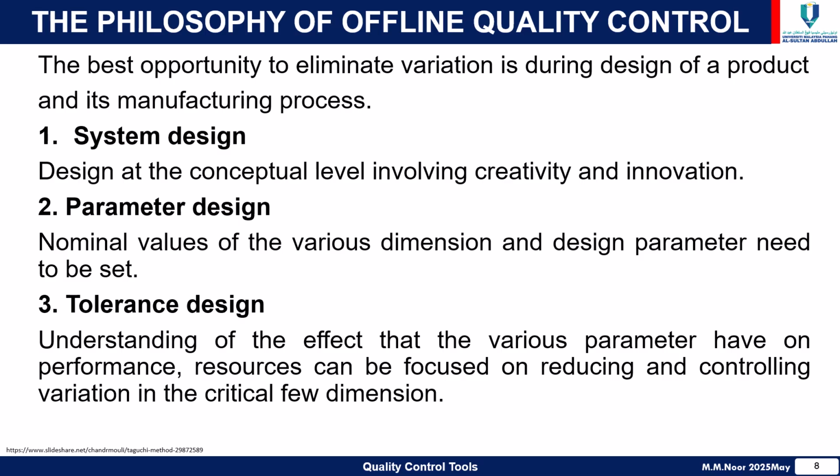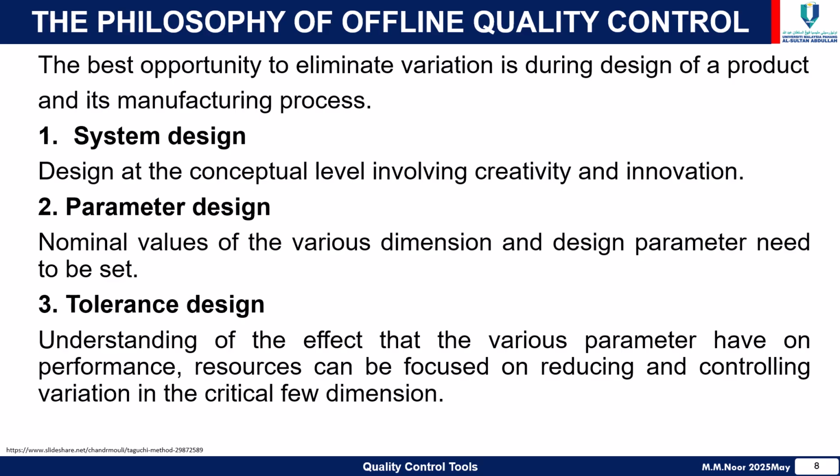So next we go to the philosophy of offline quality control. The best opportunity to eliminate variation is during the design of a product and its manufacturing process. First we have system design: design at the conceptual level involving creativity and innovation. Second, parameter design: nominal values of the various dimensions and design parameters need to be set.